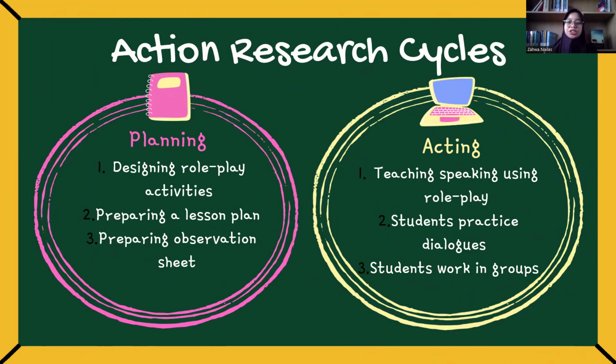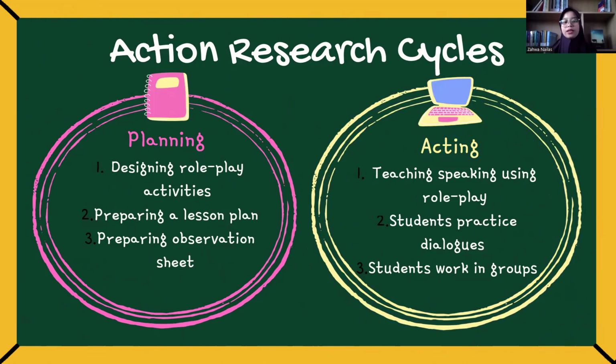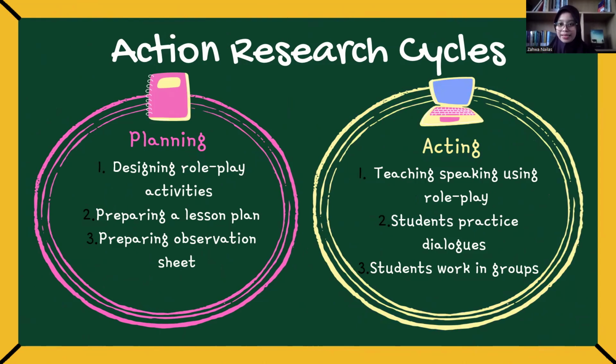The action research cycles, there are four actually: planning, acting, observing, and reflecting. The first is planning: designing role play activities, preparing a lesson plan, and preparing an observation set.